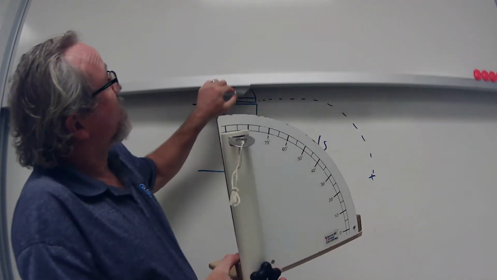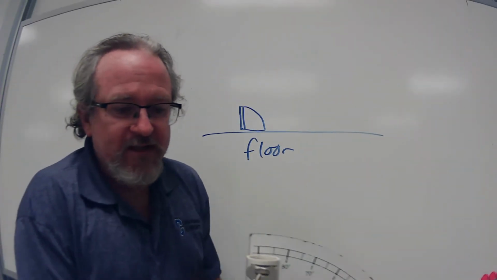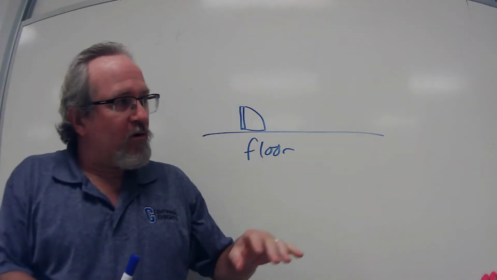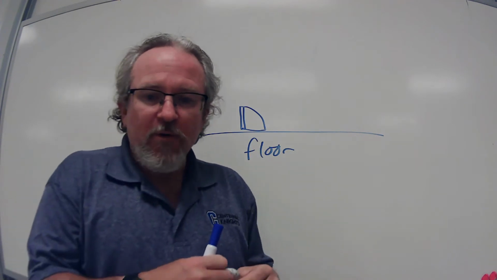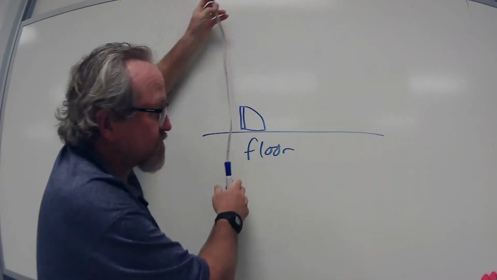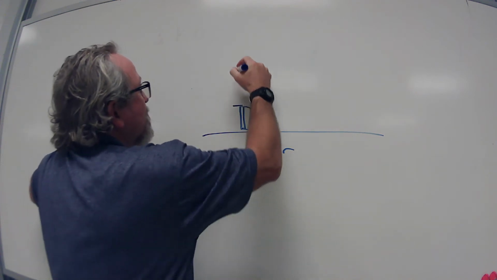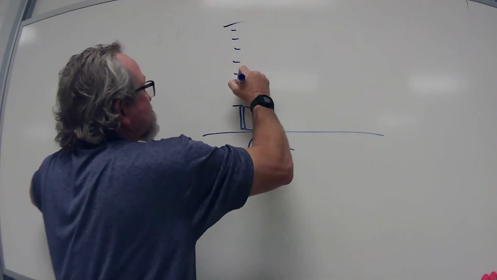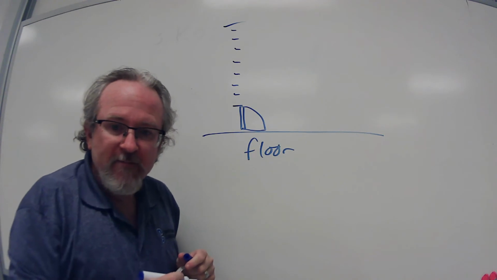So what you're going to do is set this on the floor, out in the hallway or in some places in J109, and you're going to take a tape measure and hold it beside the launcher, and we are going to basically measure this way.